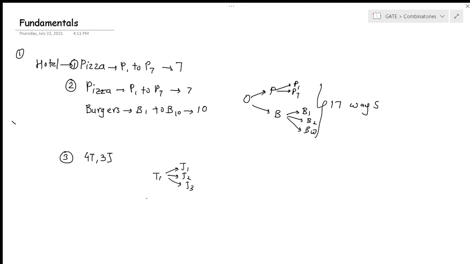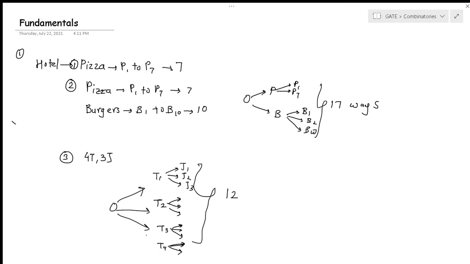On similar grounds, if you choose T2, then also you will have three choices for the jeans, right? Same goes for T3 and same goes for T4, okay? No issues up till now, right? Here also we have three choices. Now just like the previous case, if you sum this up, you will have 12 in total, right? Because here you can go with T1, T2, T3 or T4.